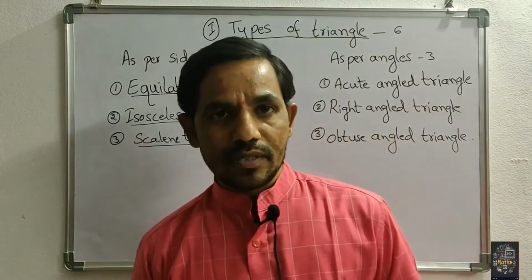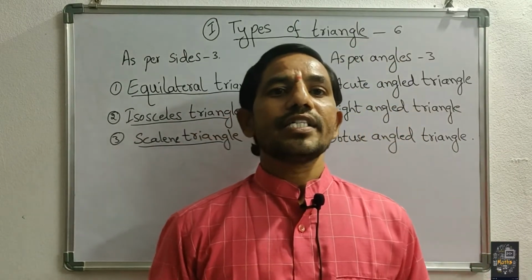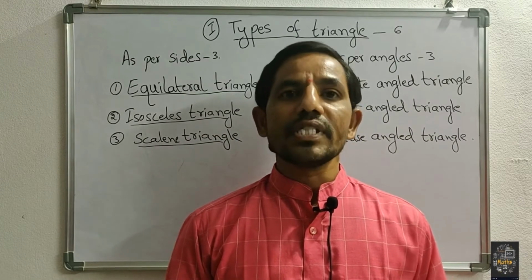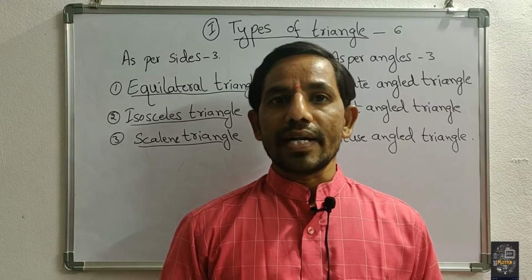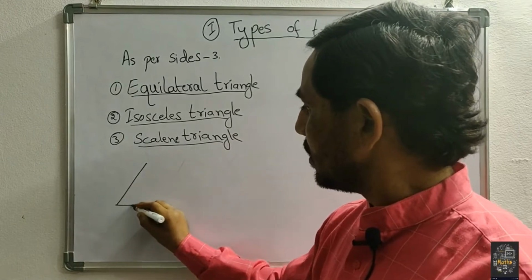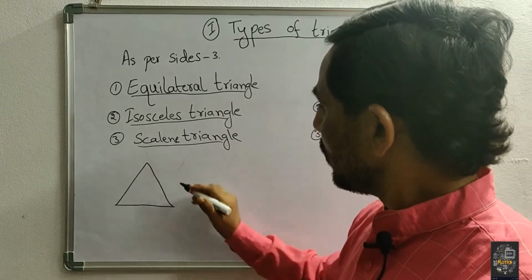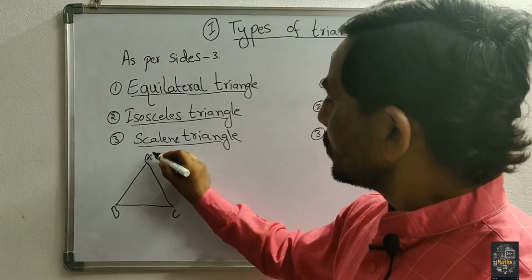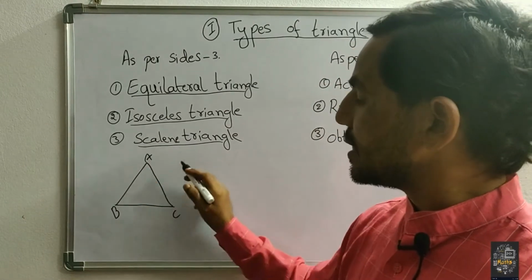Equilateral triangle means a triangle in which all sides are equal. So first I am taking one diagram. This is a triangle, with vertices A, B and C. AB side, BC side and AC side, all sides are equal.